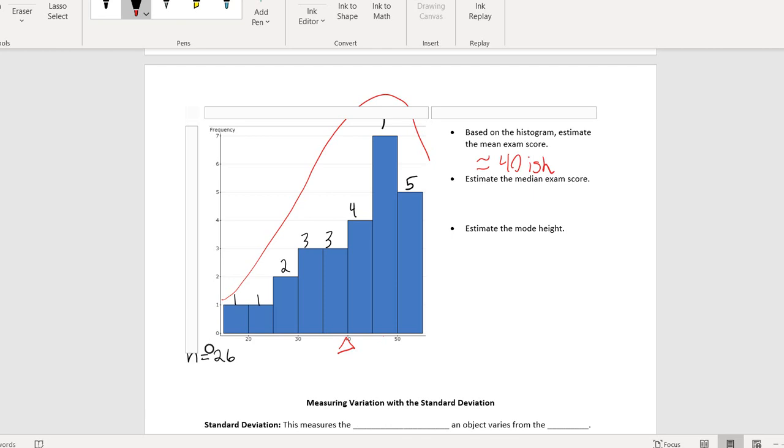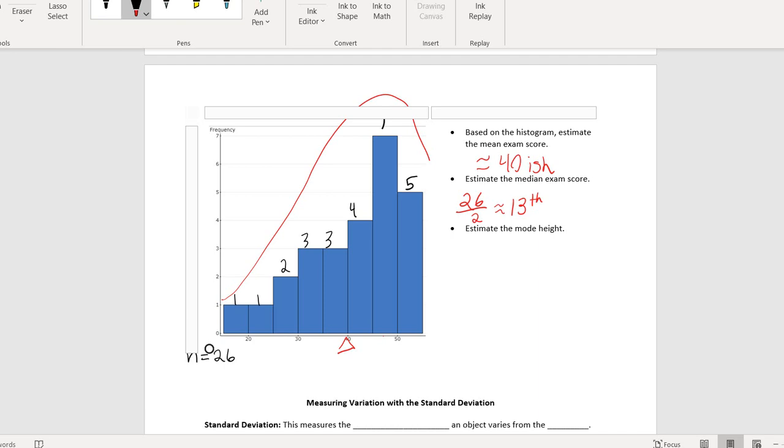Now, if I want to estimate the median, that would be the score that's in the center. So if I take 26 and divide it by 2, that would be about the 13th observation. Now remember, the median is if I put these in order. Since the x-axis is already in order, I can just count up to 13.